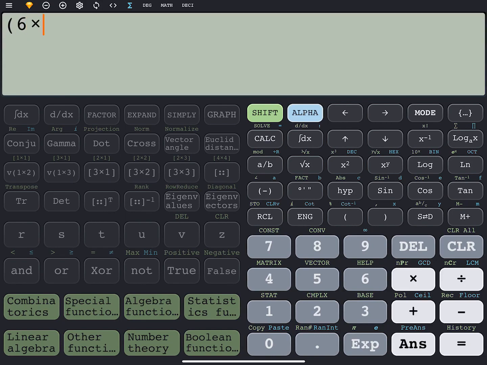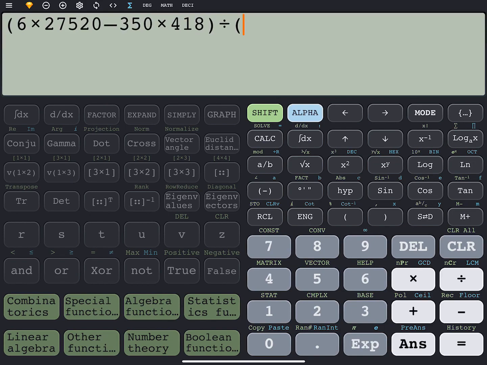Parentheses, 6 times, what do I put? 27,520 minus what? 350 times what? 418. Do I close the parentheses? Yes. Okay. Now remember, divided by, open that parentheses. And I don't know what that E means here. Maybe I hit it too hard.